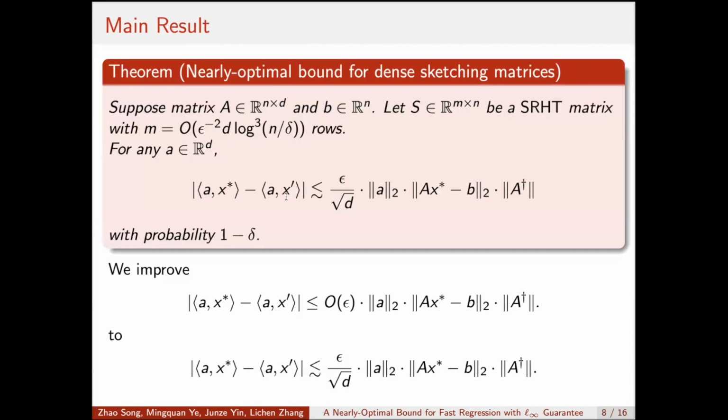Now I'm going to present our main result. We let A be a matrix and B be a vector. We let S be an SRHT matrix with M rows.